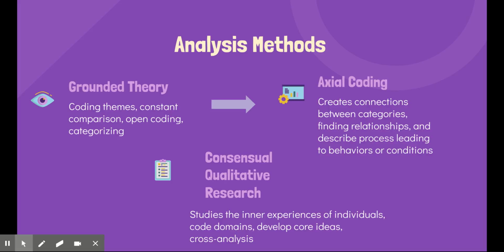Once that is done, we can move into axial coding, which creates connections between the categories found in the grounded theory, finding the relationships and maybe describing the process of what leads up to the behaviors or conditions that we're looking at or the themes that we're finding.